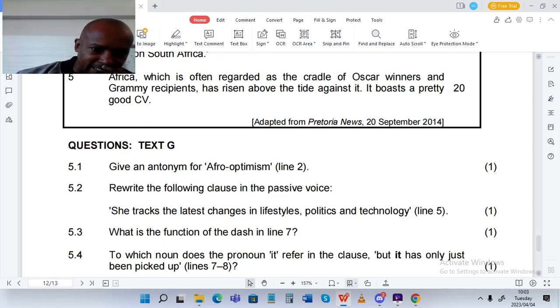She tracks the latest changes in lifestyles, politics, and technology. Very interesting. She tracks the latest changes in lifestyles, politics, and technology. I'm going to write that down. So you have to rewrite that in the passive.